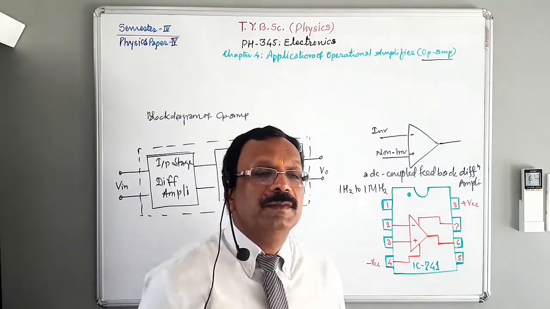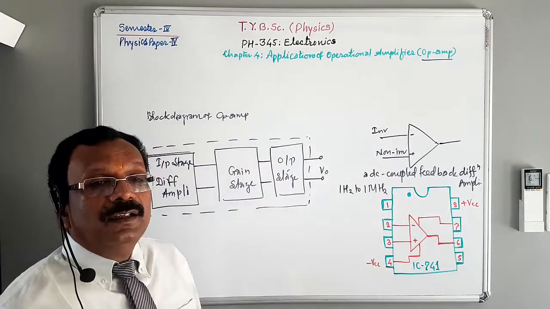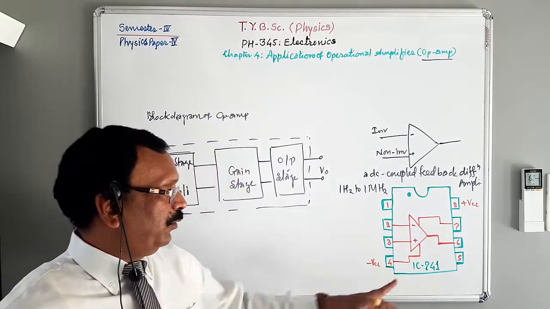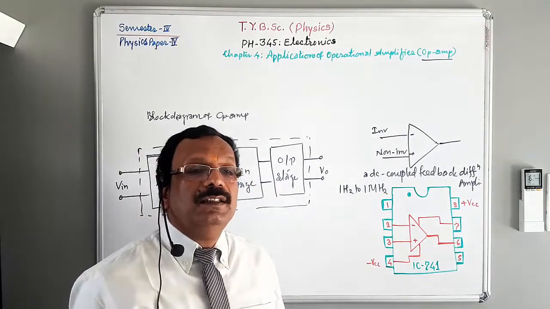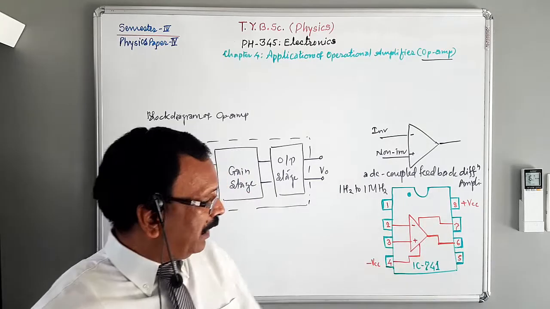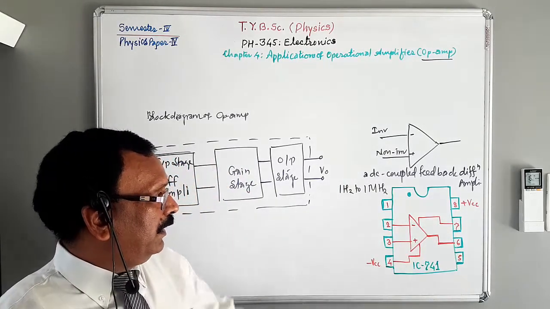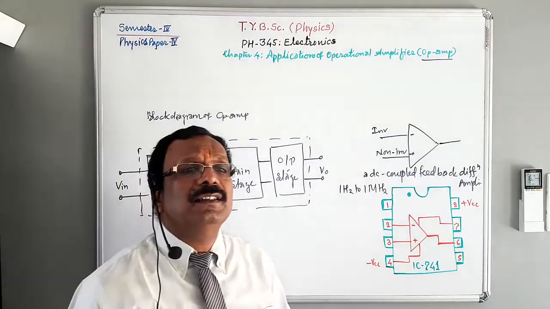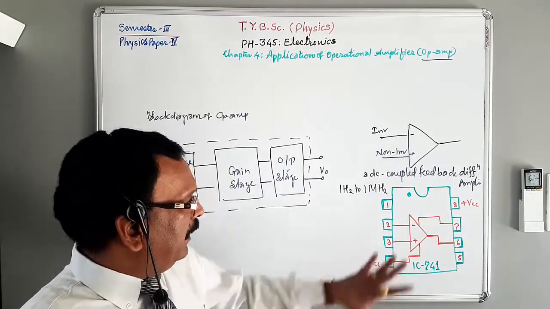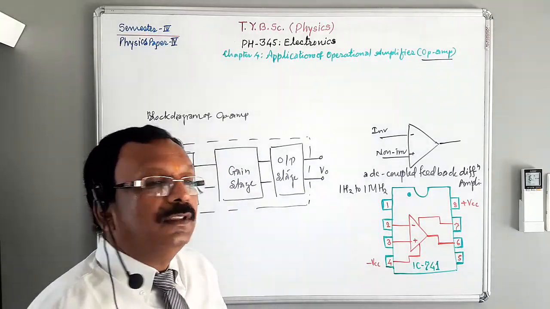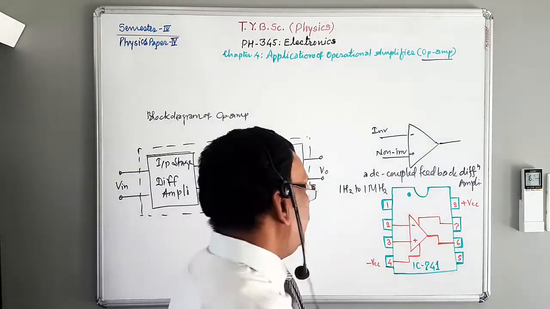Now the top view of the pin diagram of IC 741 is shown in this figure. This is an 8 pin IC, and inside this IC there is an OpAmp. Pin number 1 is offset null.